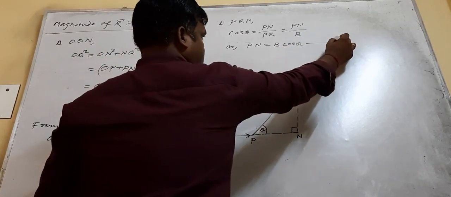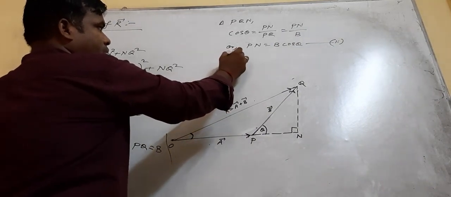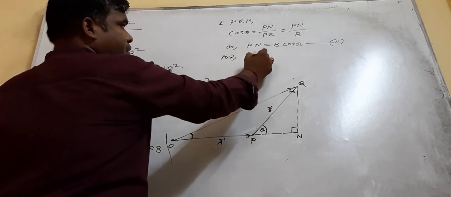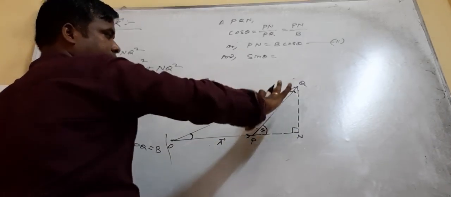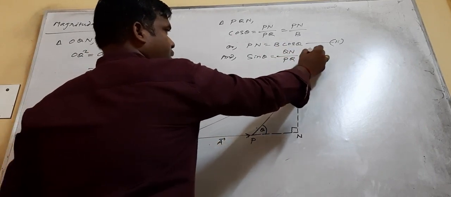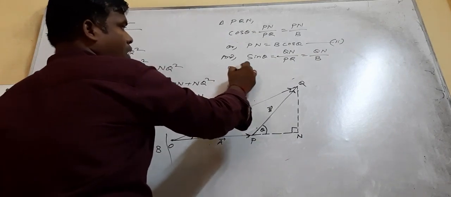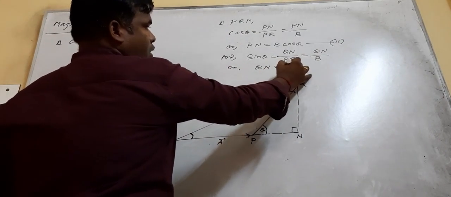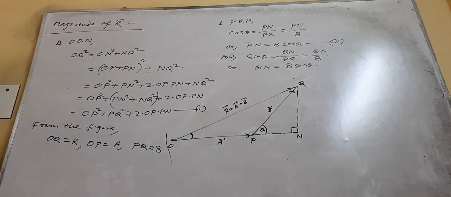You write it as equation number 2. Similarly, in this triangle, sin theta is equal to perpendicular by hypotenuse, QN by PQ, QN by B, or QN is equal to B sin theta. So you put all these in equation number 1.